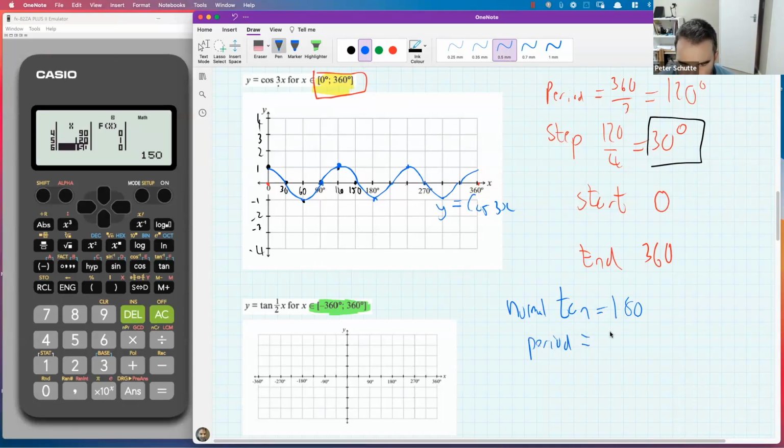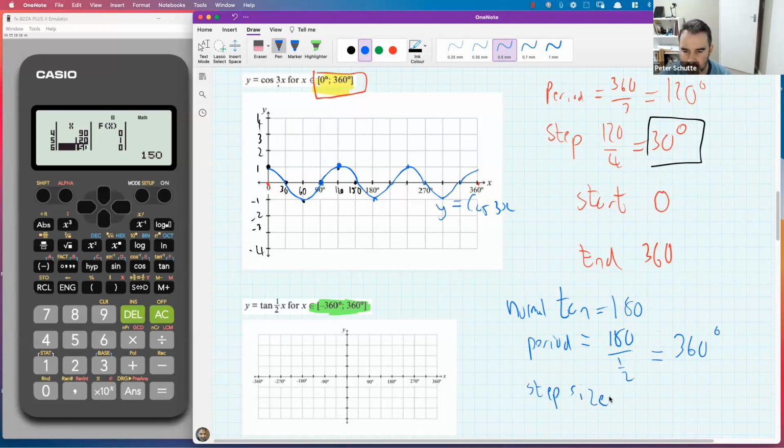So it's going to be 180 divided by a half, which gives me 360 degrees as the period of the tan graph. Now that is interesting because we're quite used to tan graphs having a period of 180, but how will that change things? And we have a choice for the step size. What would you guys make your step size for this question?